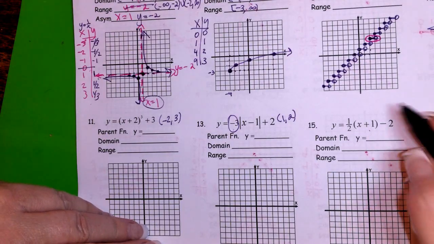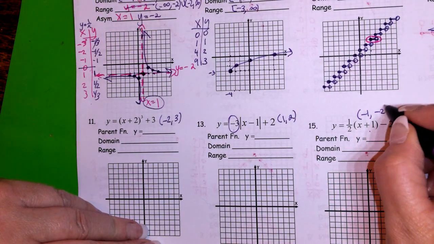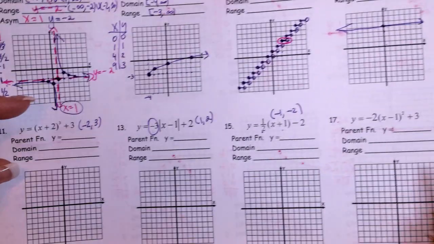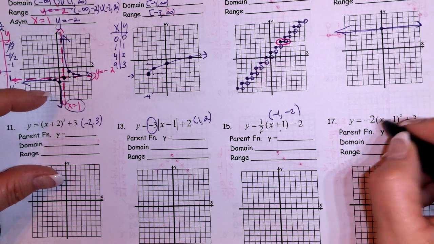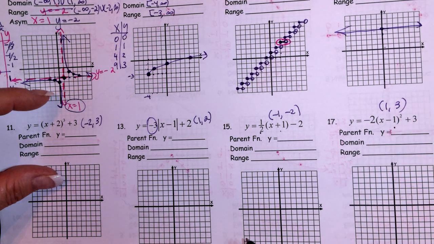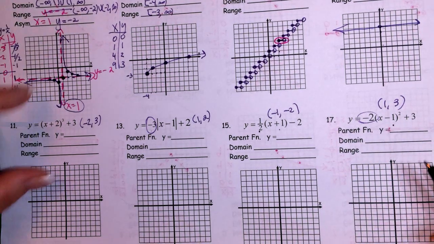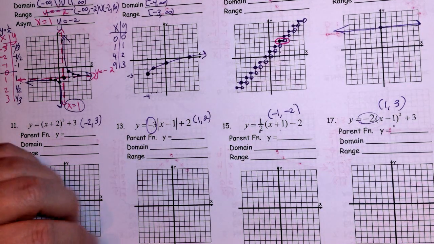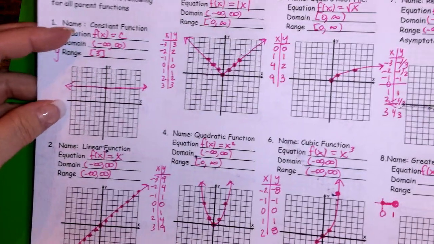This is linear, so you're starting at negative 1, negative 2. That's just your good old slope. Quadratic, 1, 3. You have a reflection, so instead of opening up, you're going to open down, and a stretch of 2. I just wanted to go through that so you have a better idea of your parent functions.